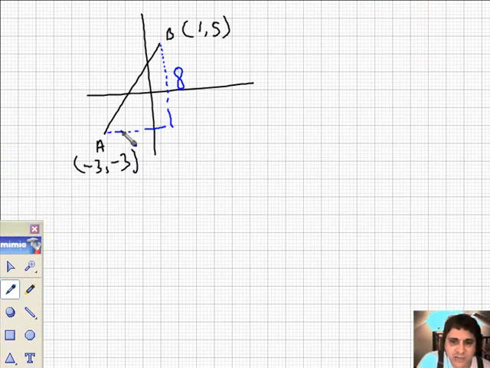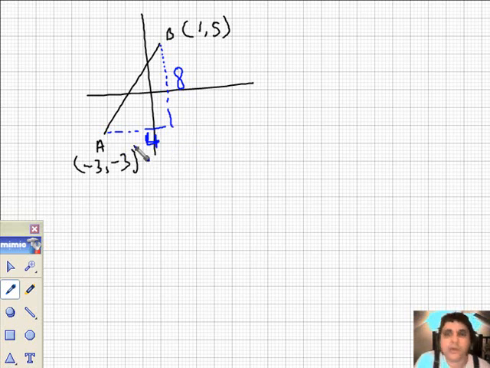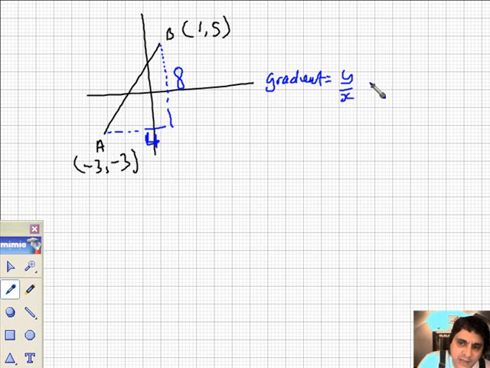If I'm going from -3 all the way to 1 across there, that's an X width of 4 units. So the gradient's going to be, again, Y over X, and it's positive, as you can see from the picture in the book as well. It's going to be 8 over 4, and therefore it's a gradient of +2.